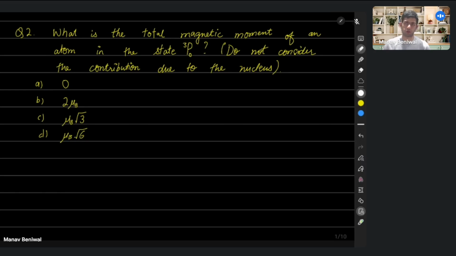So the question clearly asks us to not consider the contribution from the nucleus, only from the electron.